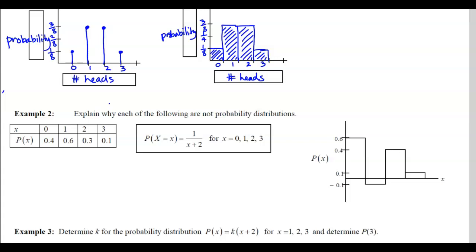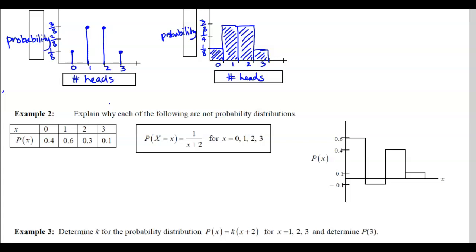Okay, so example 2: explain why each of the following are not probability distributions. It gives you a hint, they're not, so you have to think about what the reason would be. For this one, the data values are the same as tossing the coins: 0, 1, 2, 3. Take a look at the probabilities: 0.4, 0.6, 0.3, 0.1. If you add those together, you get more than 1. The property is that in an experiment, the probabilities have to add to 1.